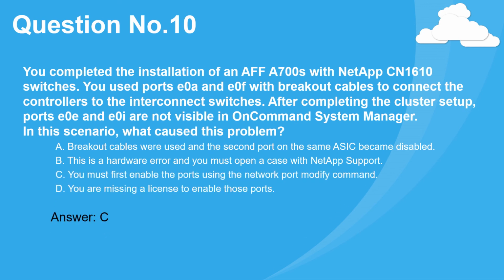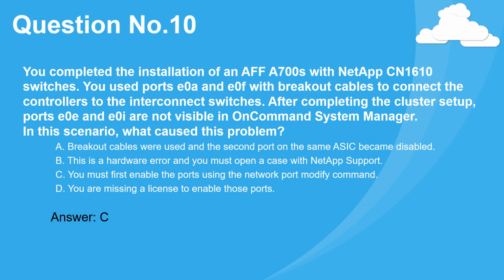Question number 10. You completed the installation of an AFF A700s with NetApp CN1610 switches. You used ports e0a and e0f with breakout cables to connect the controllers to the interconnect switches. After completing the cluster setup, ports e0e and e0i are not visible in OnCommand System Manager.